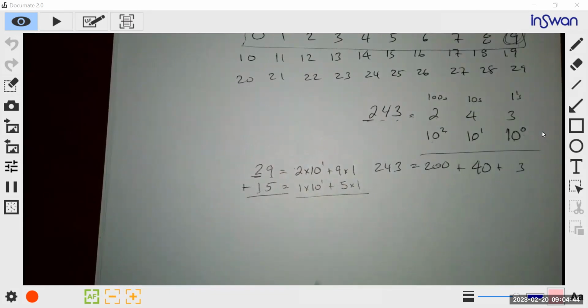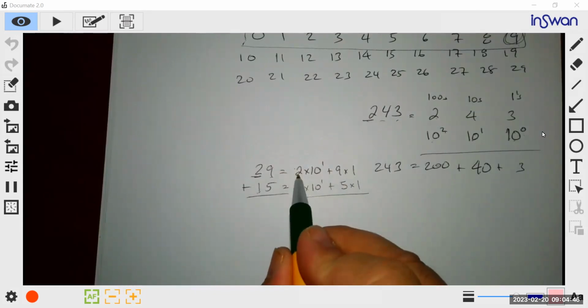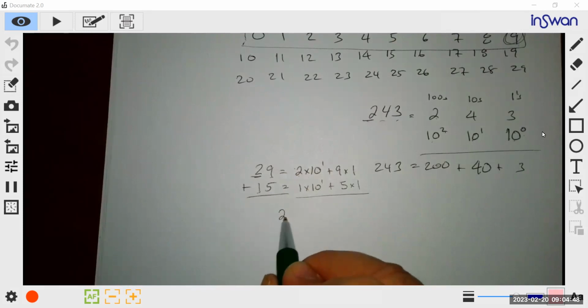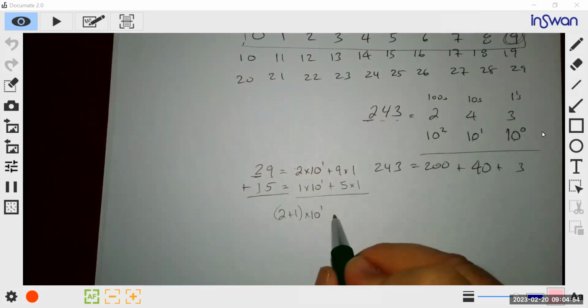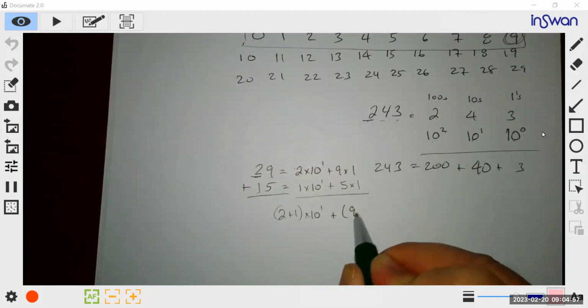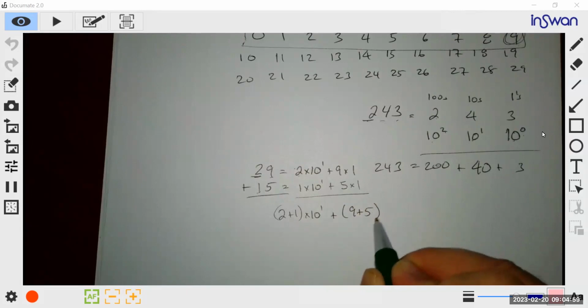When we add, we have 2 plus 1 times 10 to the first plus 9 plus 5.